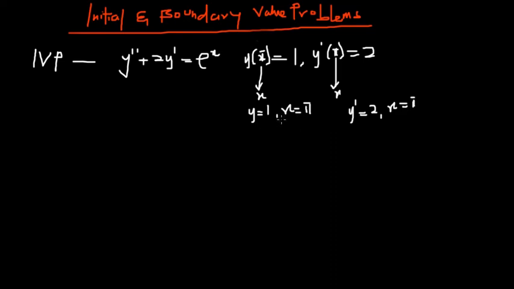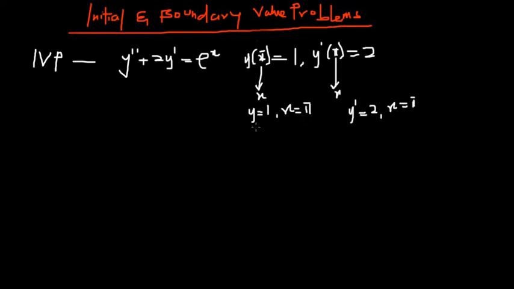We notice that both initial conditions for x, in two different states, are the same. That's what we mean by initial value problems. So initial value problems always have both the subsidiary conditions at the same x. That's what it means.